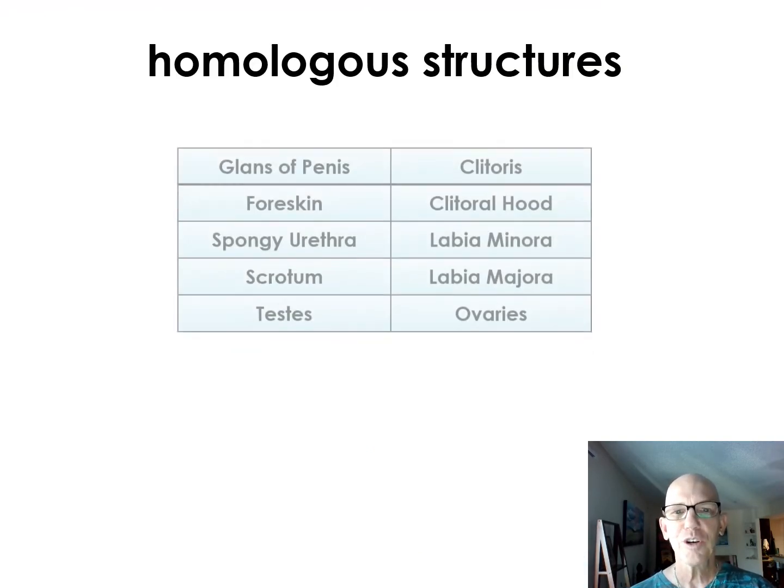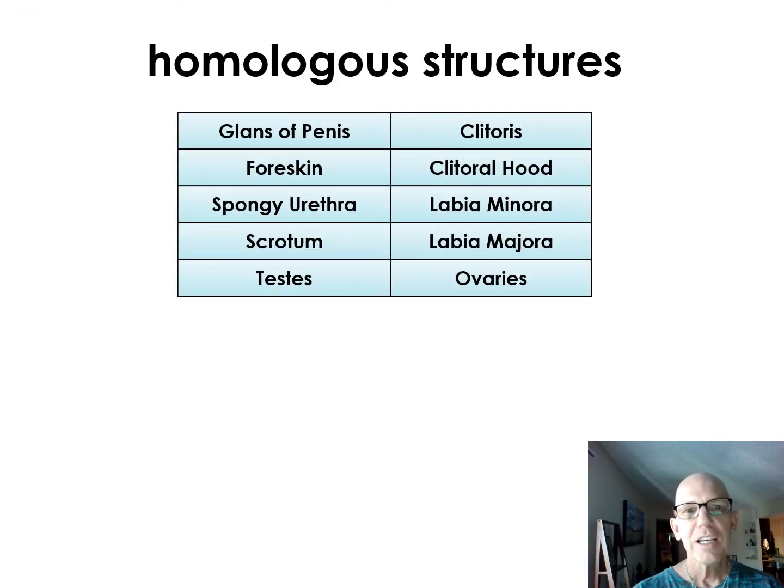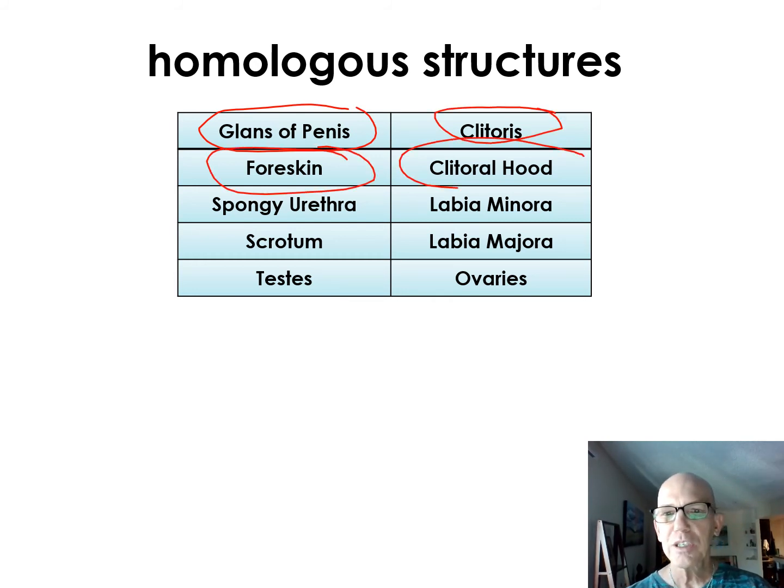And that's this chart right here. The head of a man's penis, really right underneath it, is the clitoris. And then the foreskin would be the hood, and so on and so forth. See, this becomes this. The shaft of the penis, kind of parts of it, spongy urethra, is the small lips. And the bigger lips, I already mentioned that, is the labia majora, and these are easy to remember too.